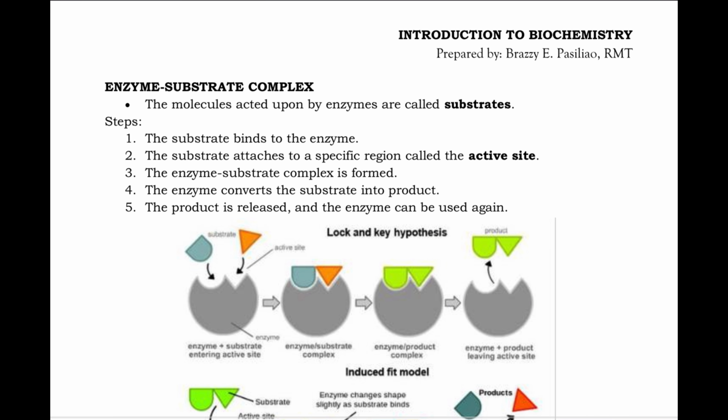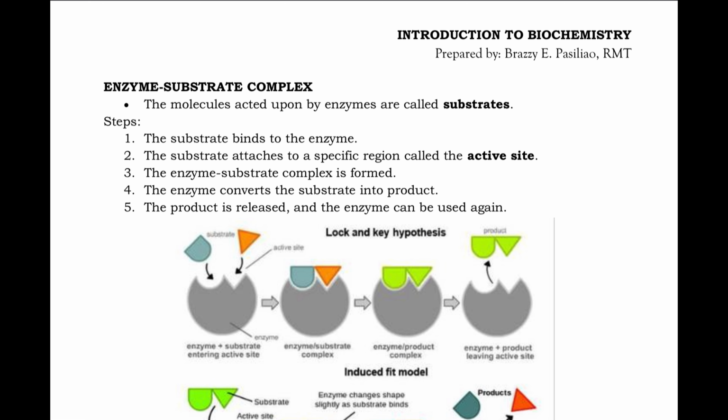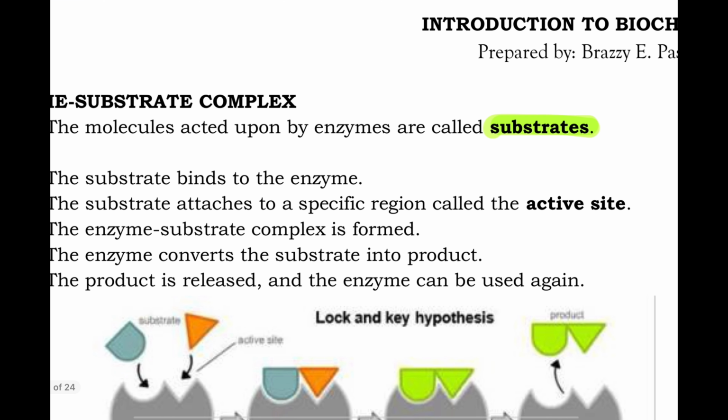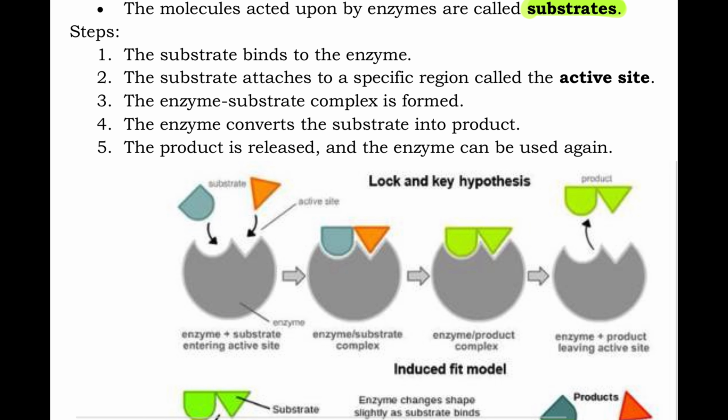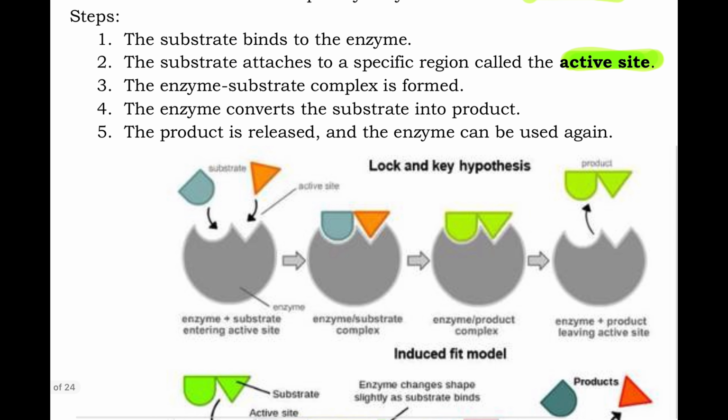Okay, next. The enzyme and substrate complex. The molecules acted upon by enzymes are called substrates. The steps: the substrate binds to the enzyme, and the substrate attaches to a specific region called the active site. Sa active site lang sila magbabind. Doon lang sila mag-attach. Then the enzyme-substrate complex is formed.